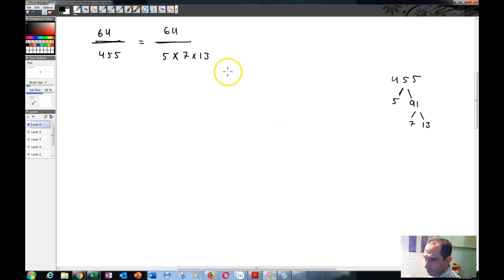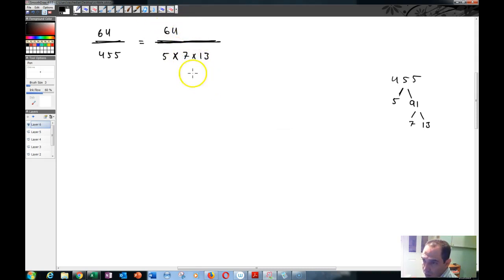And now you see over here, you cannot do much, because the decimal representation of this number is not going to be terminating. The reason for that is that you have these factors of 7 and 13 over here, and you cannot cancel them out with the numerator.